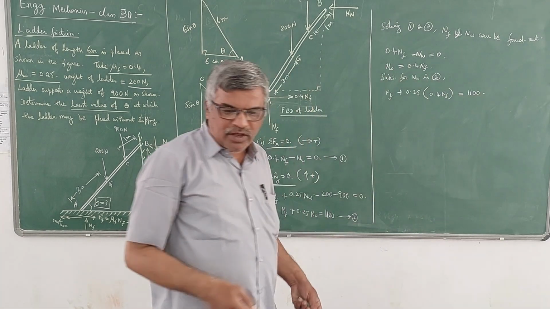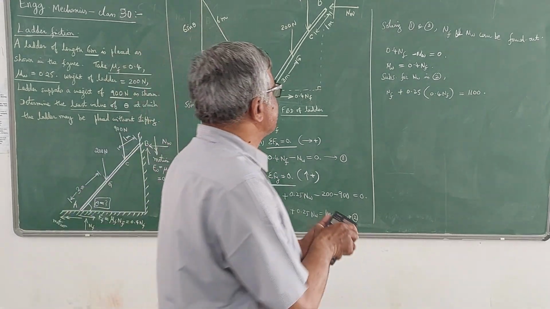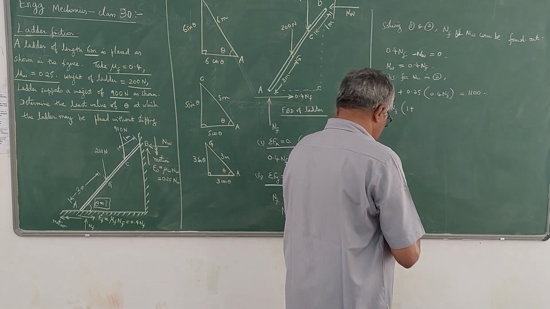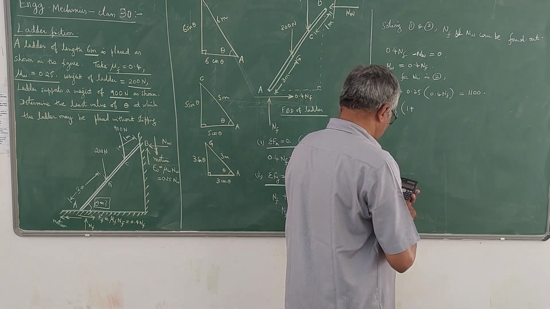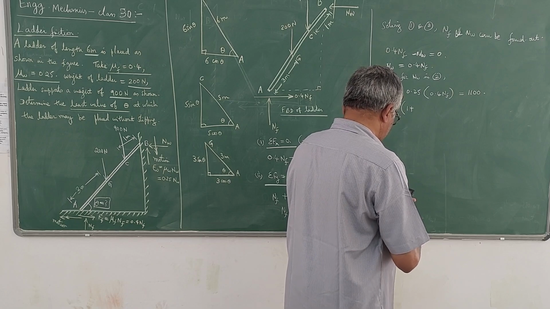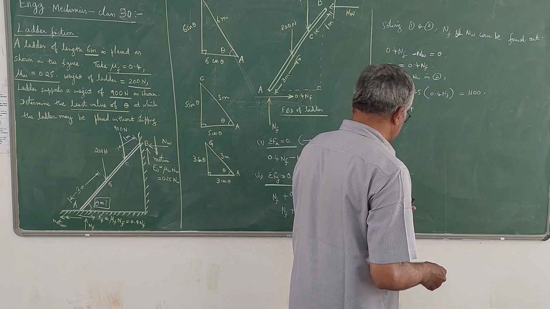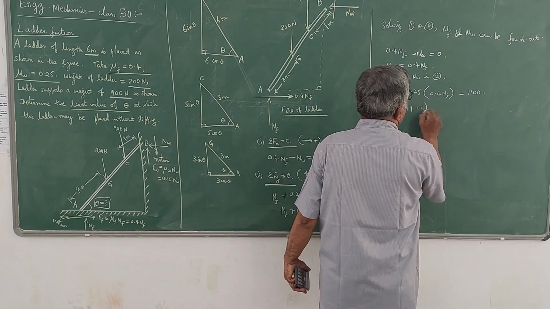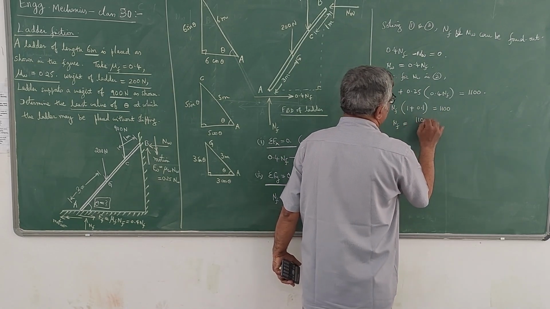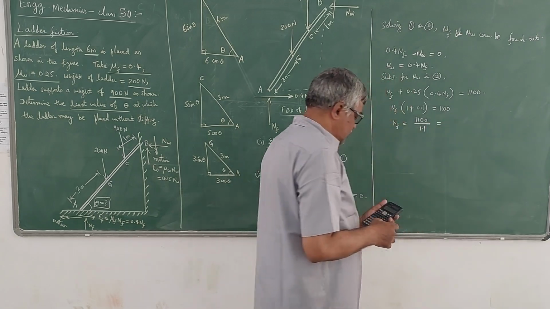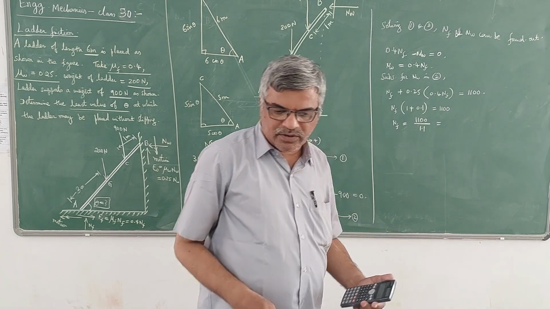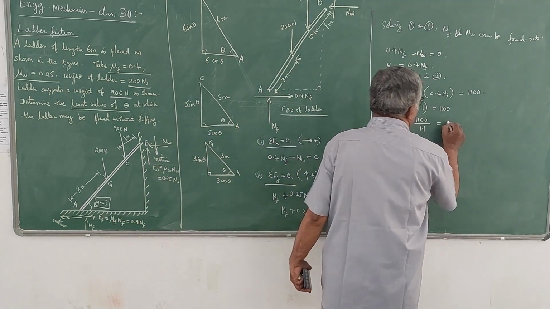So if you solve for nf, nf into 1 plus 0.25 into 0.4, which is 0.1, is equal to 1100, or nf can be written as 1100 divided by 1.1. So 1100 divided by 1.1 is 1000. So you are going to get nf as 1000 newtons.